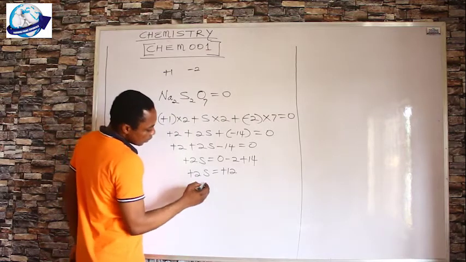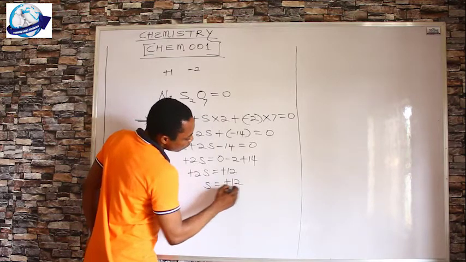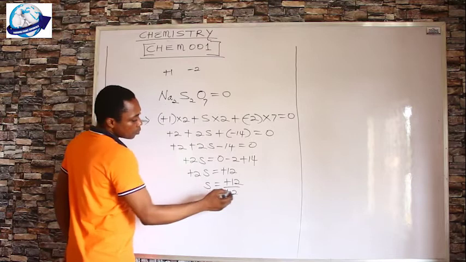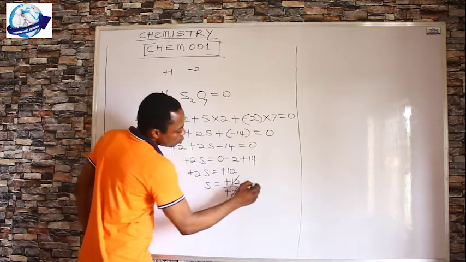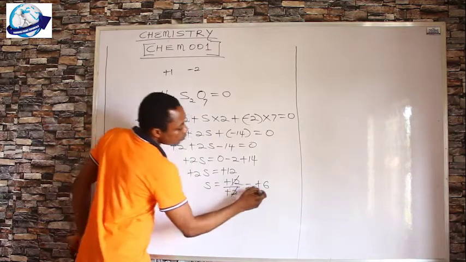Finally, you have sulfur equals plus 12 over plus 2. When you are through the division, you have plus 6. That is the oxidation number of sulfur.